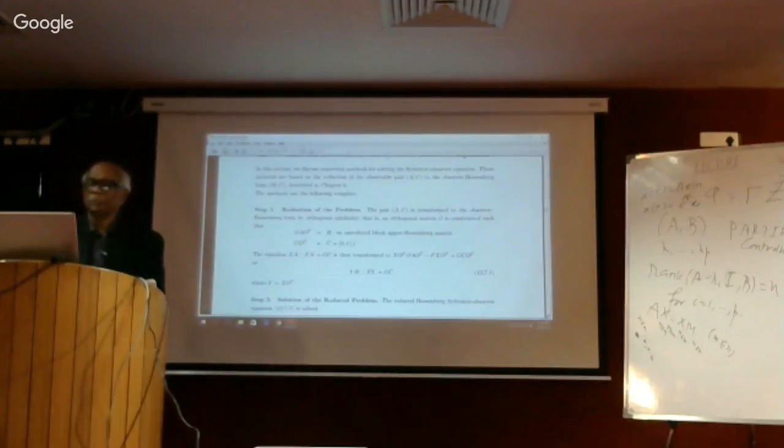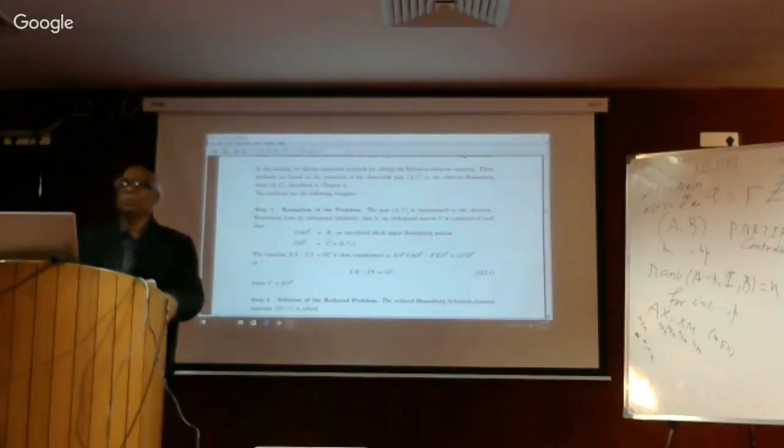So now the problem is to solve this reduced equation, YH minus FY equal to GC prime, for Y, given H, the unreduced block upper Hessenberg matrix, and choosing F and G. And once you compute Y, then you can compute X as X equal to Y times O, because O is an orthogonal matrix. That's it.